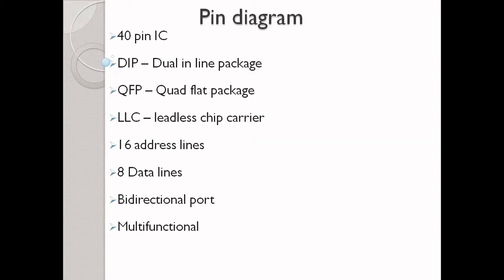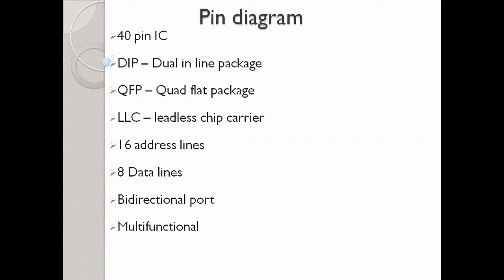So peripheral devices are called input devices and output devices. These input and output devices are connected to the port of the controller. In the 8085 microprocessor, we cannot directly connect the input device and output device with the microprocessor. That is a drawback in 8085.